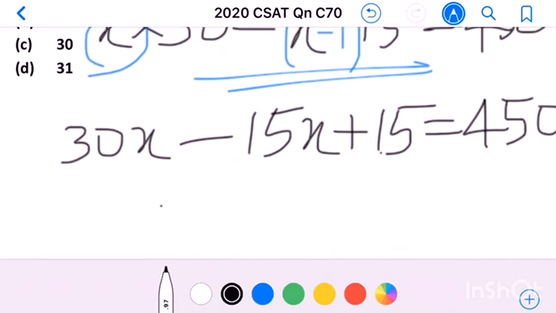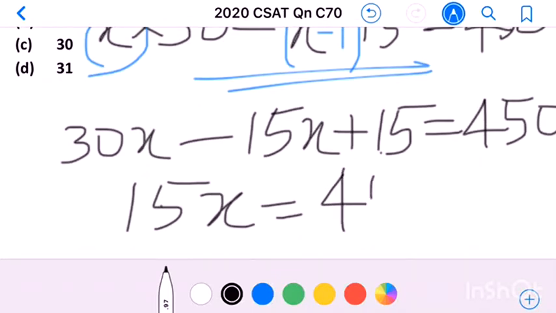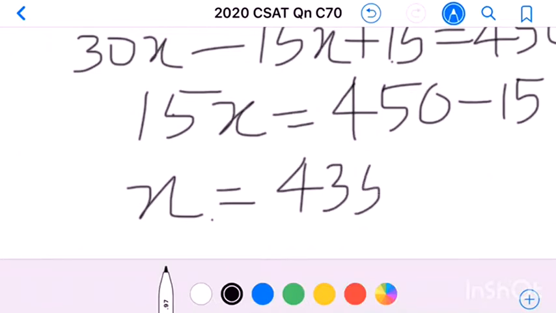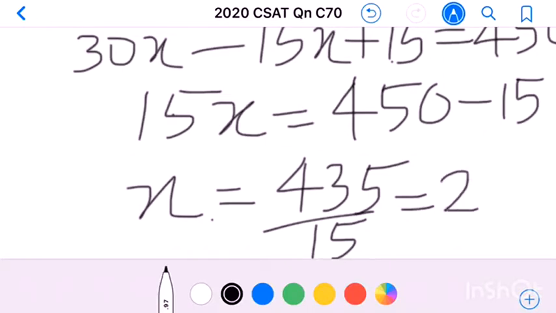Then 30x minus 15x, we get 15x equal to 450 minus 15. When it goes to the right side, it becomes minus 15. Then x equal to 450 minus 15, which is equal to 435 divided by 15. You get x equals 29.